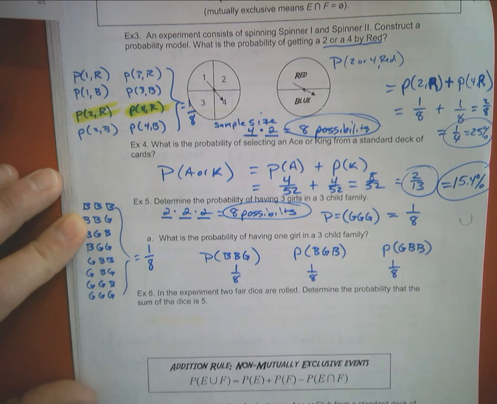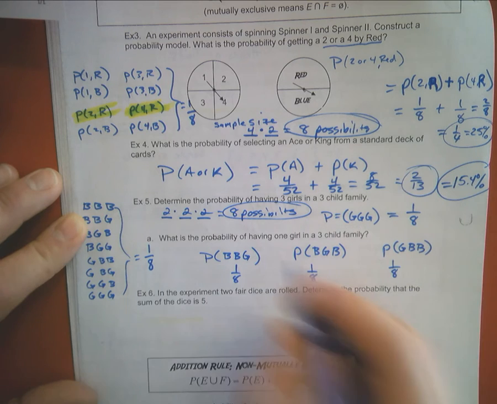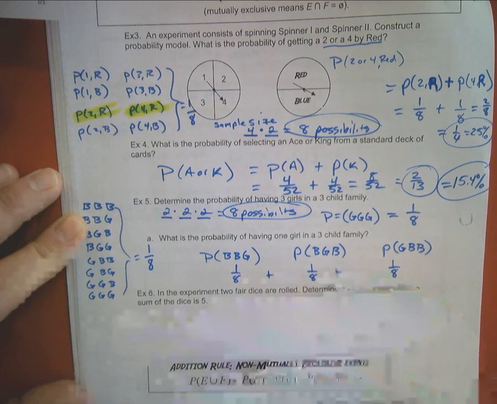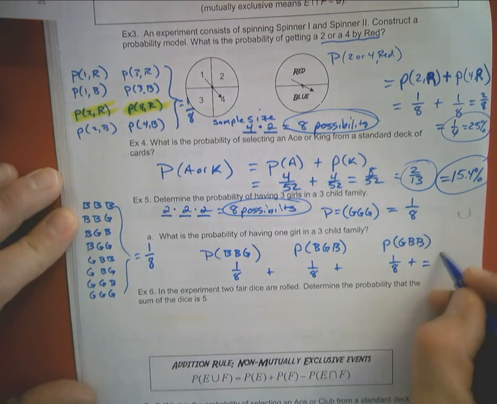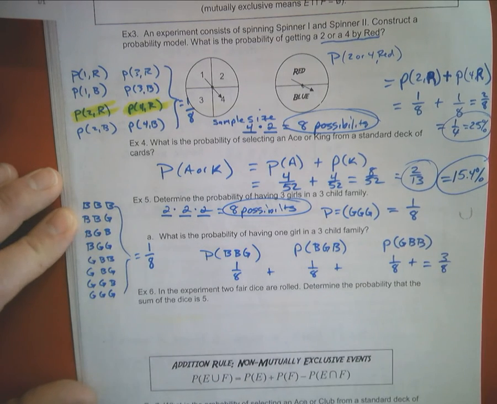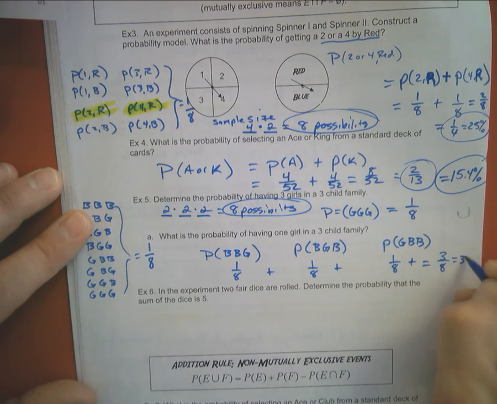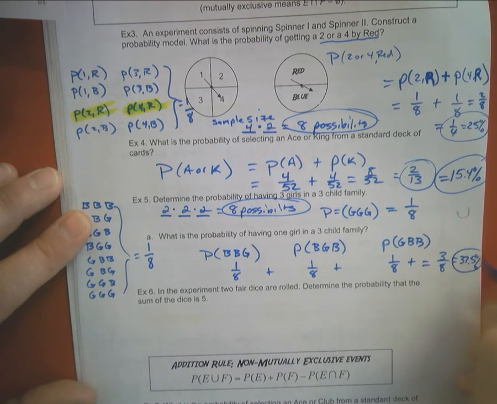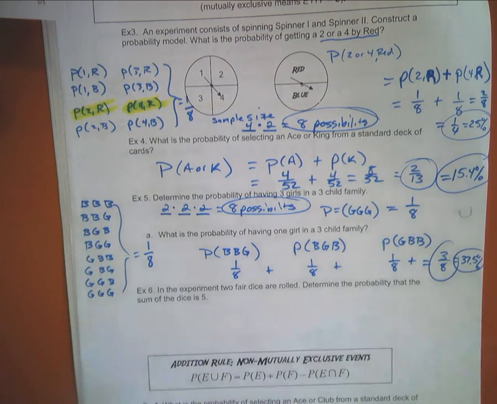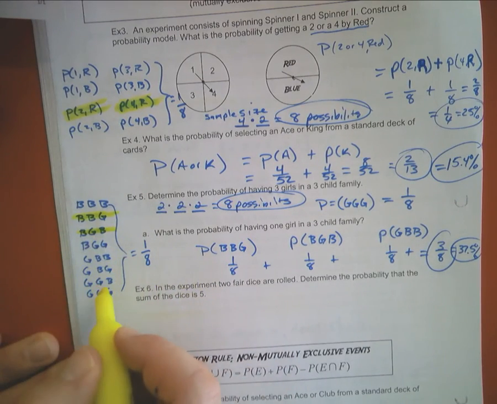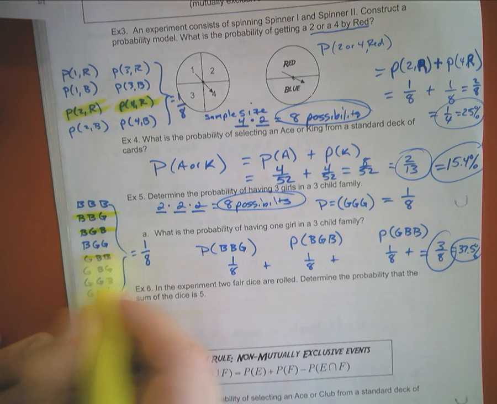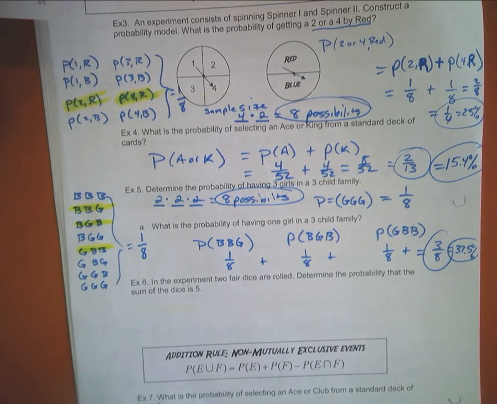And what do we do with these fractions? We add them. Each of these are mutually exclusive. Add them together, and we get 3 out of 8. 3/8 is, what is that, 37.5%? And again, the idea is when you have the whole probability model, you could also just look and highlight the ones that just have the 1 G here. And there's your 3 out of 8 possibilities.